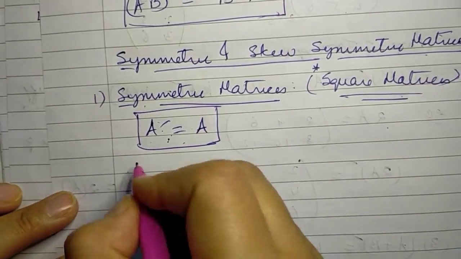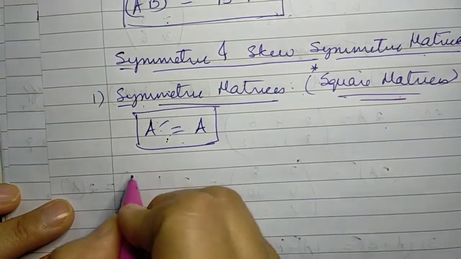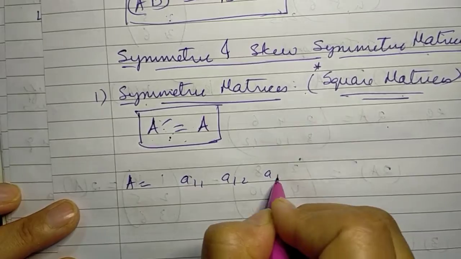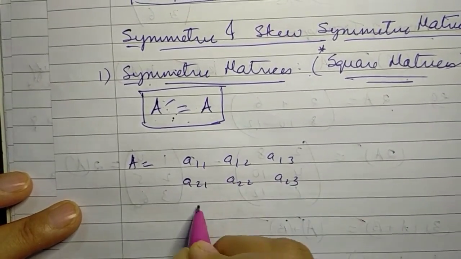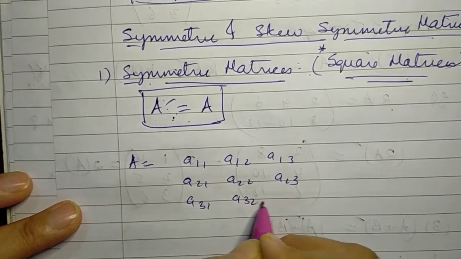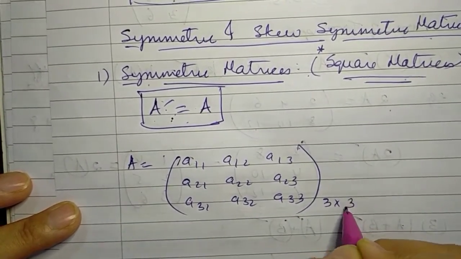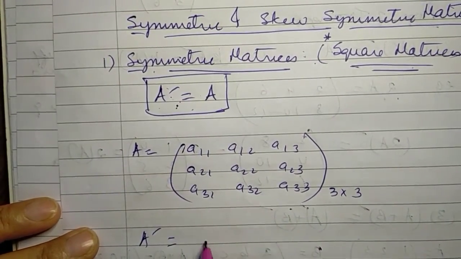Now let me take an example of a 3 by 3 matrix. So let A be a 3 by 3 matrix. A is equal to A11, A12, A13, A21, A22, A23, A31, A32, A33, which is a square matrix of order 3. So if I find A transpose, what do I get?